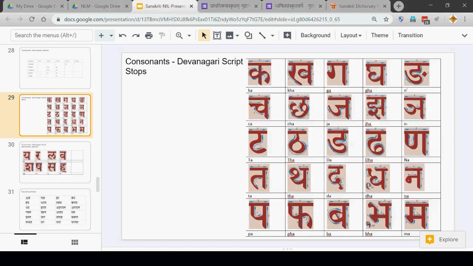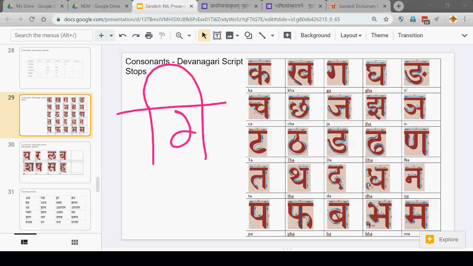After that, they become a sound like ka, kha, ga, gha, etc. By adding a vertical line before them and then writing the symbol and joining the vertical line and the second touching part here using this half circle makes it short i, right?